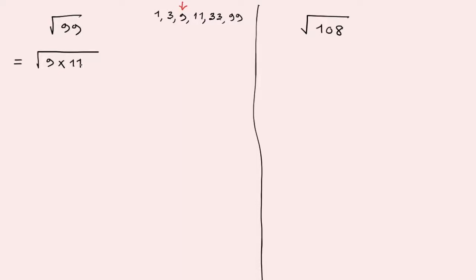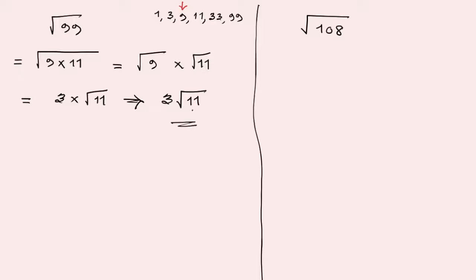So 9 multiplied by 11 is equal to 99. And we know that this is equal to the square root of 9 multiplied by the square root of 11. So this is equal to, square root of 9 is 3 multiplied by the square root of 11. So our final answer can be written as 3 root 11. And that is the simplest surd we can get from that.